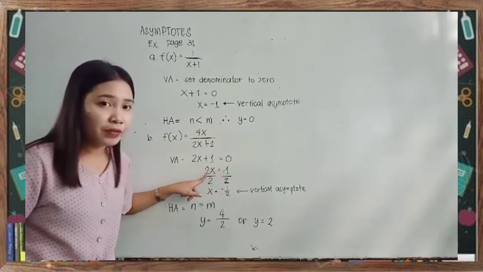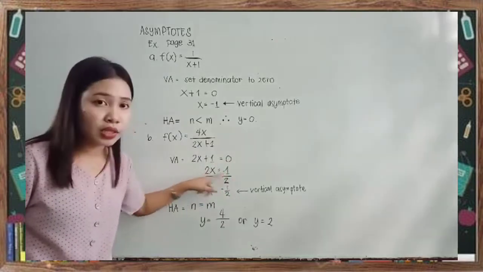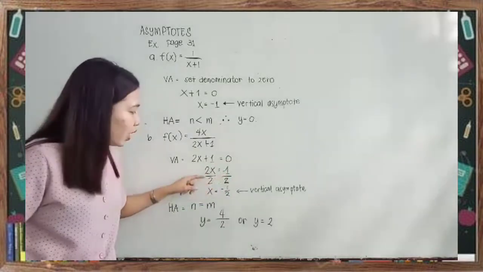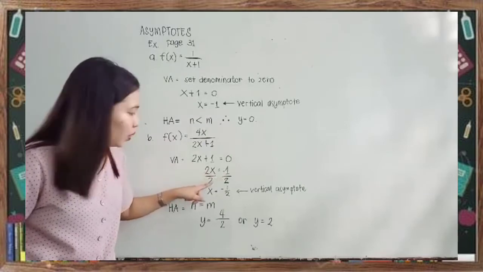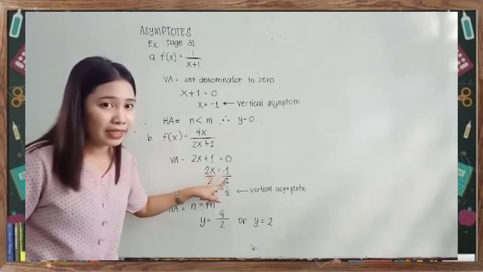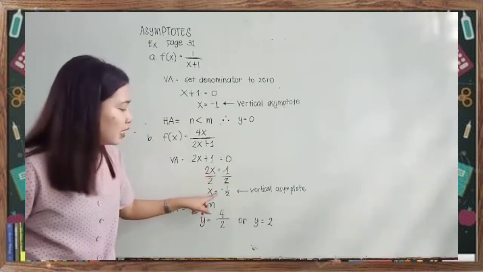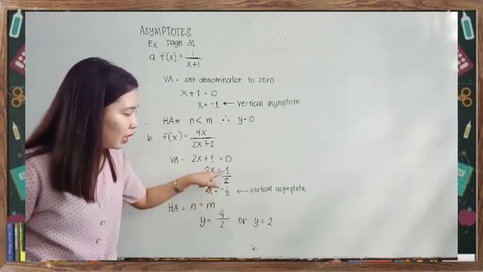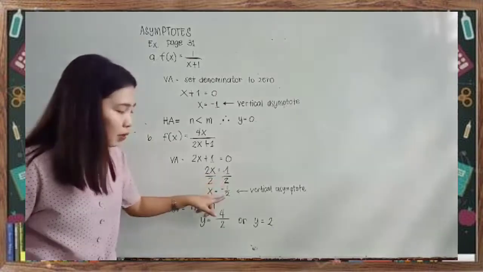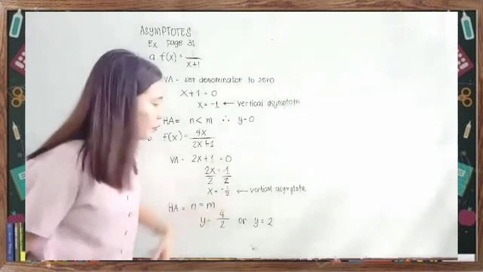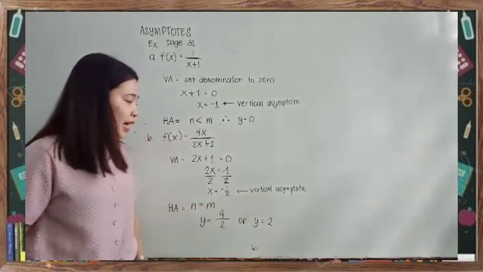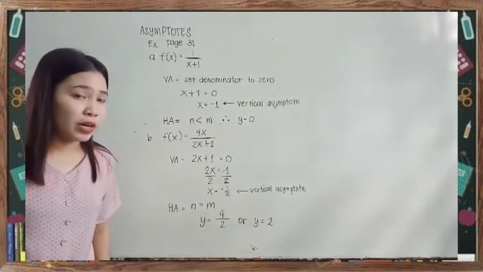Then, since may coefficient dito, i-divide natin both sides by 2. Okay? So, 2x divided by 2 is equals to negative 1 divided by 2. So, matitira na lang si x, equal to negative 1 over 2 is equals to negative 1 half. Therefore, ang vertical asymptote natin ay x is equals to negative 1 half.